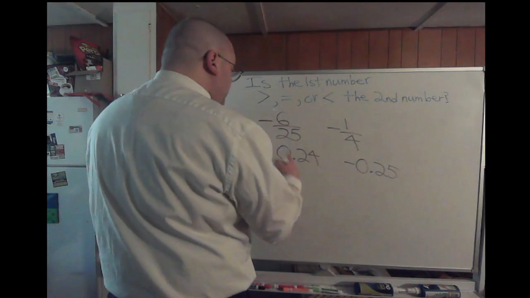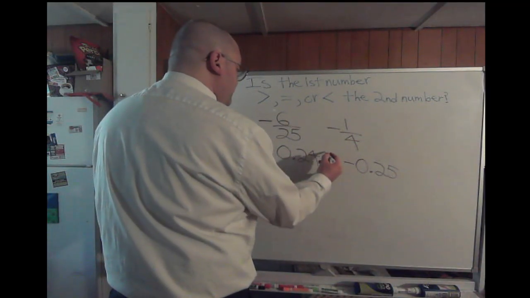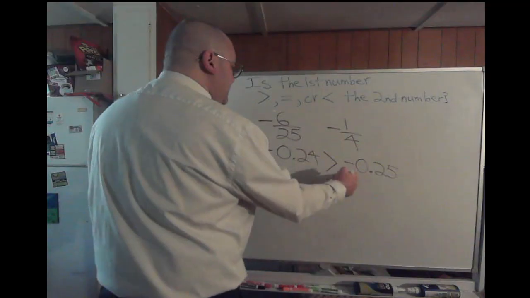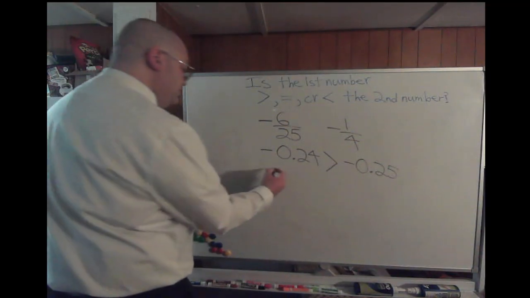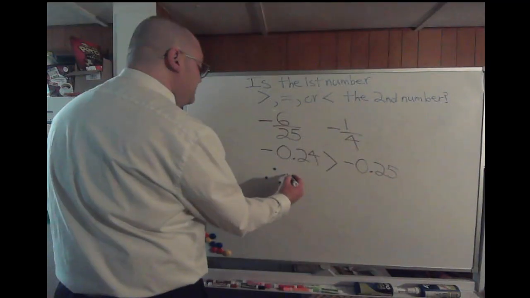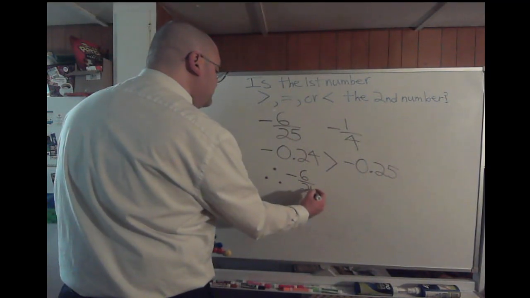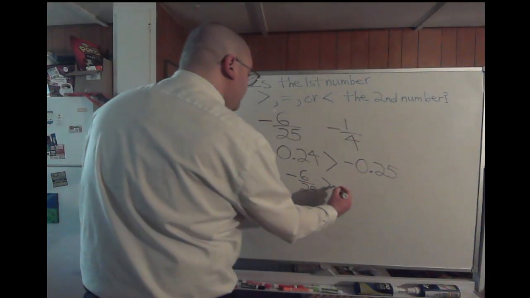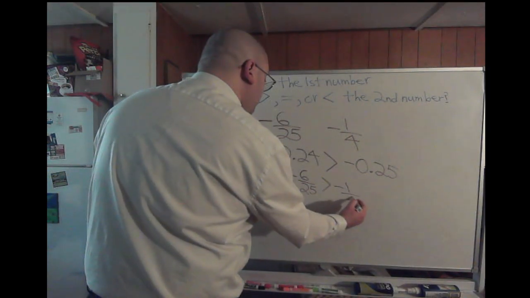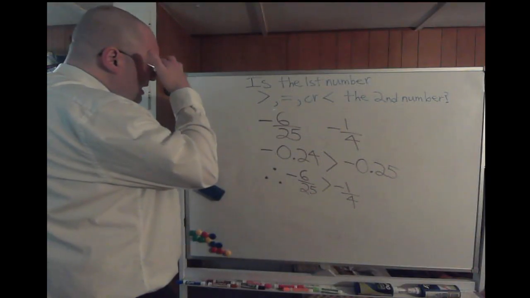So negative 0.24 is actually greater than negative 0.25. So you'll say, therefore, negative 6/25 is greater than negative 1/4.